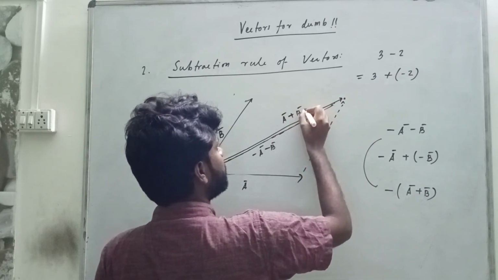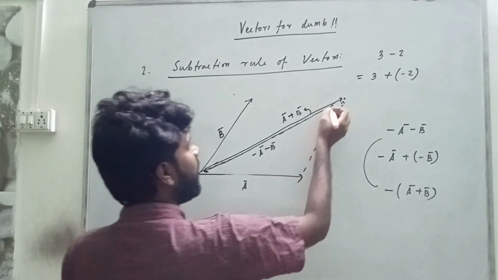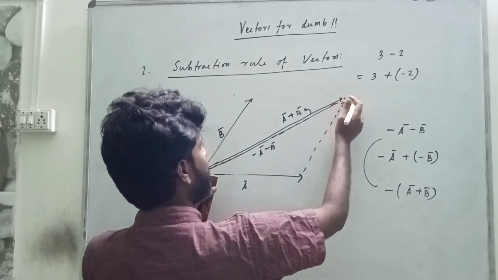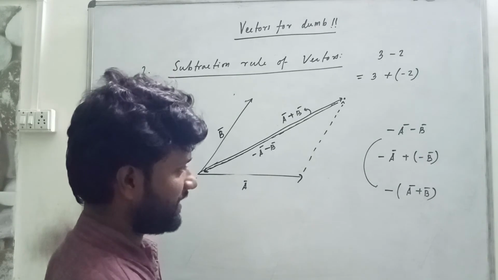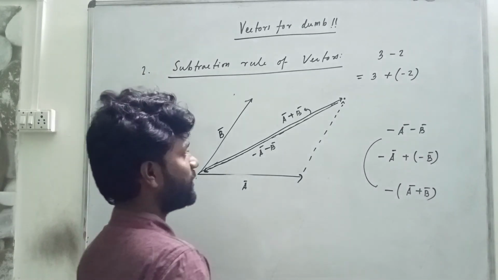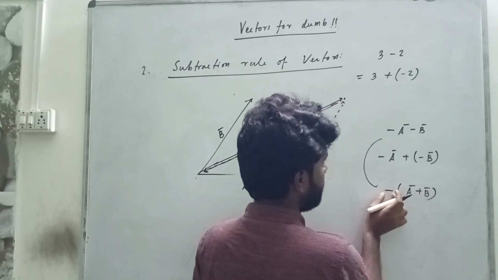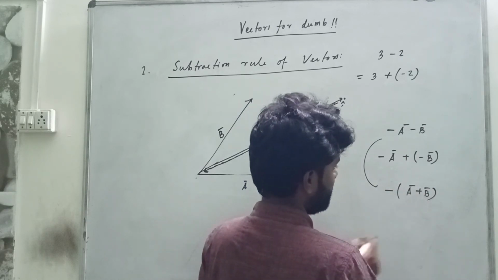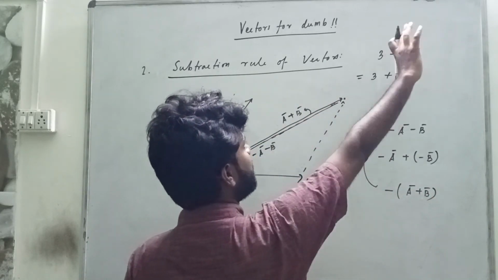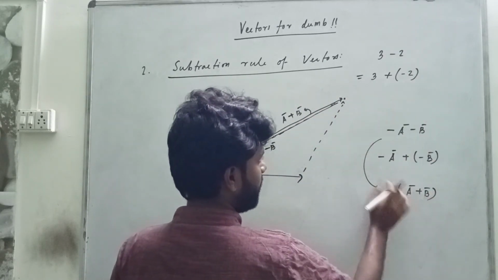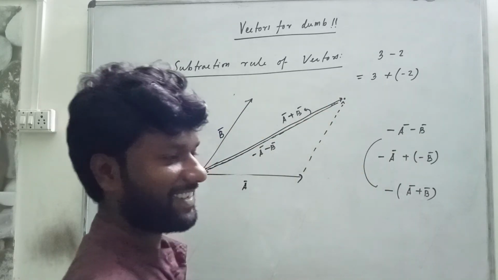And please follow carefully: a plus b and minus a minus b have the same length, right? Same length, but the direction is opposite. So obviously it is true, because minus a minus b means just a minus of a plus b. If a plus b is directed towards the northeast, then obviously this one goes towards the southwest.